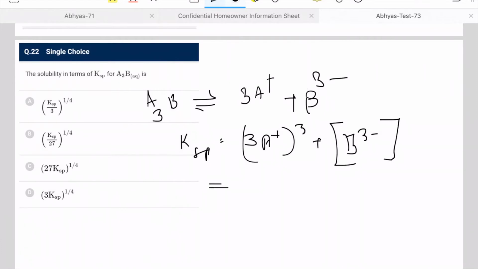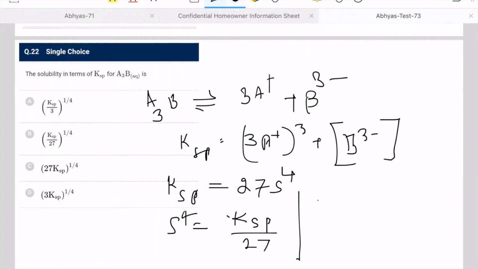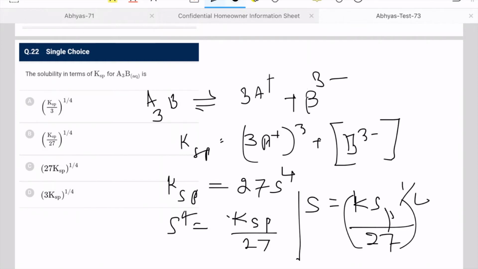So Ksp is equal to 27S^4. So S^4 is equal to Ksp by 27, or S is equal to (Ksp by 27) to the power of 1 by 4.